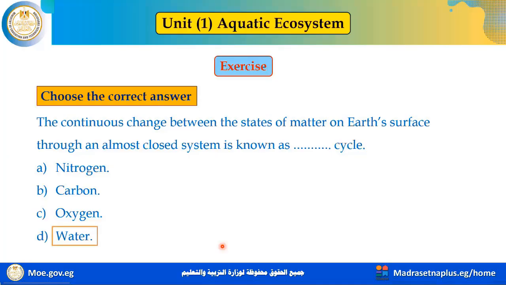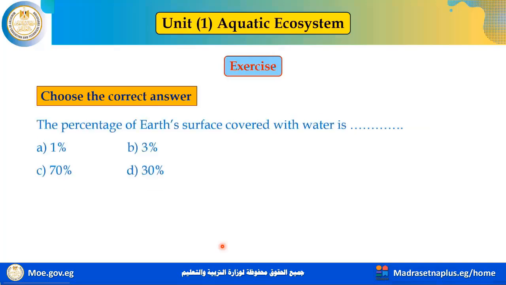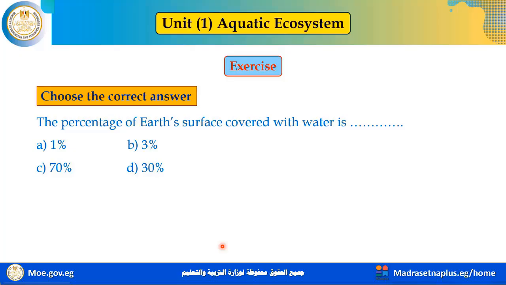Or you can say water cycle or hydrological cycle. Excellent. Another question. The percentage of Earth's surface covered with water is blank. It is 1%, 3%, 70%, 30%. Excellent. Good. It is 70%.